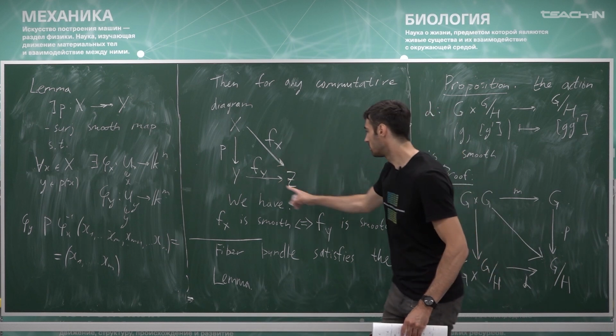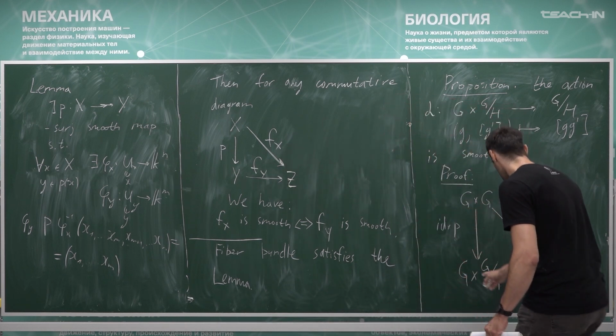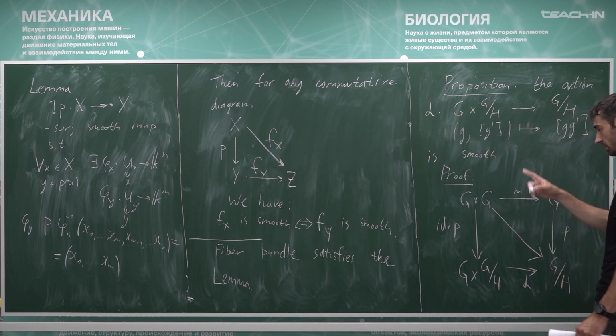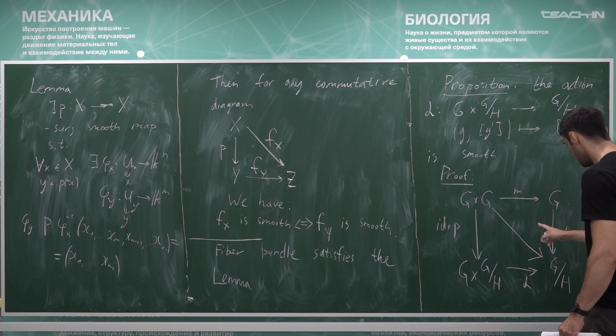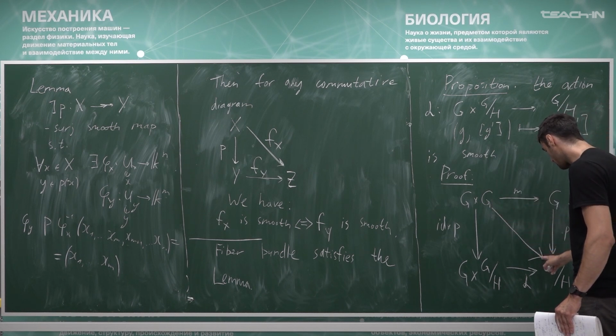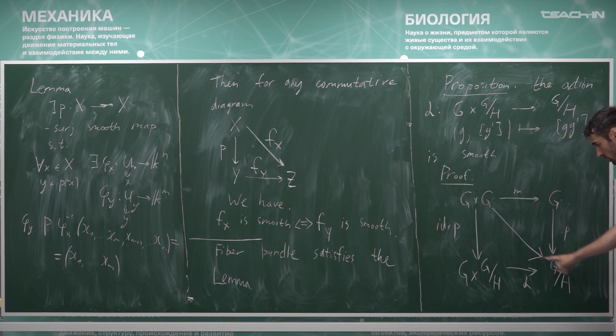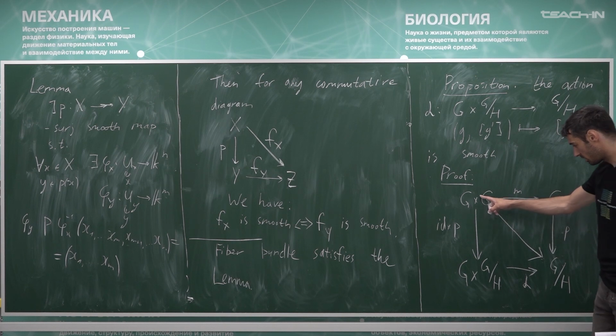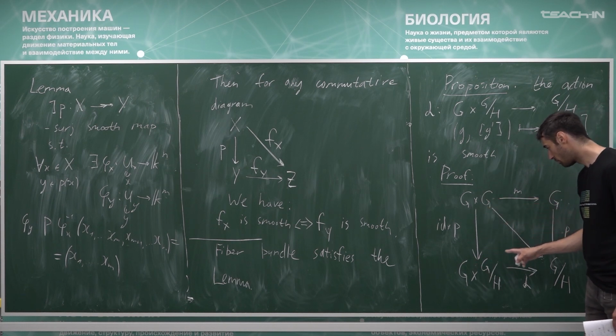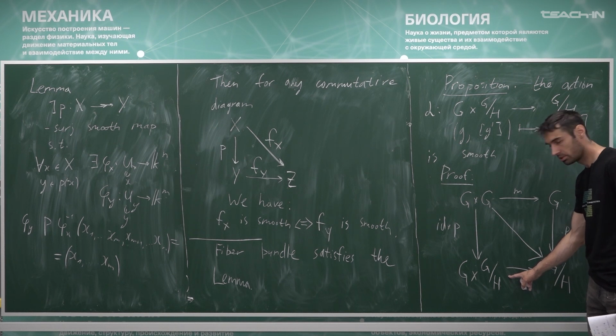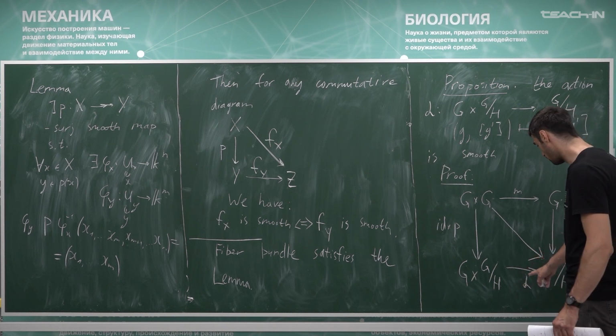So this triangle goes to this one. Now, this diagonal is smooth because it's a composition of two smooth maps. So this is smooth. This is fiber bundle. So therefore, this one is smooth and this one is smooth simultaneously. So therefore, alpha is smooth.